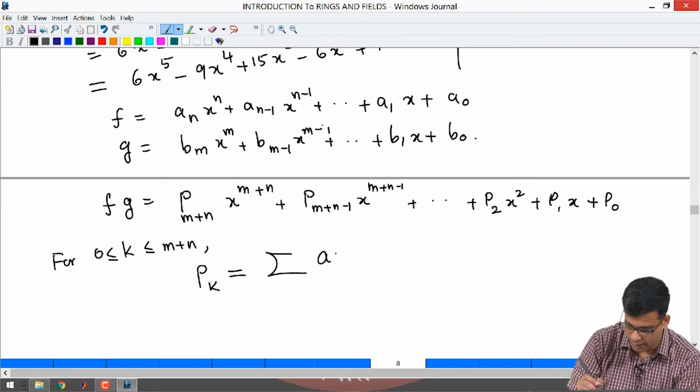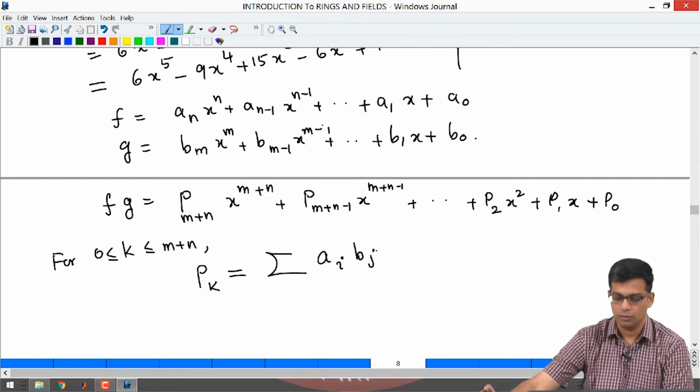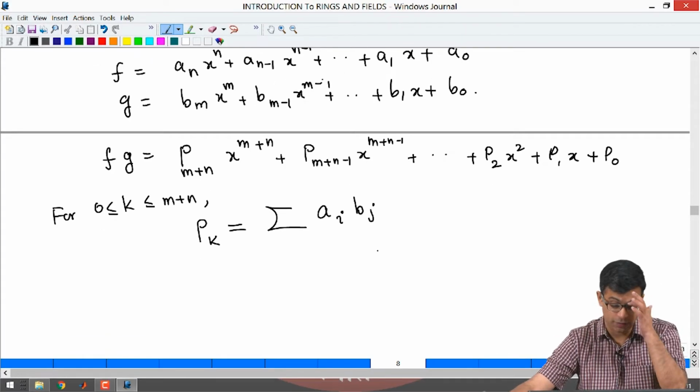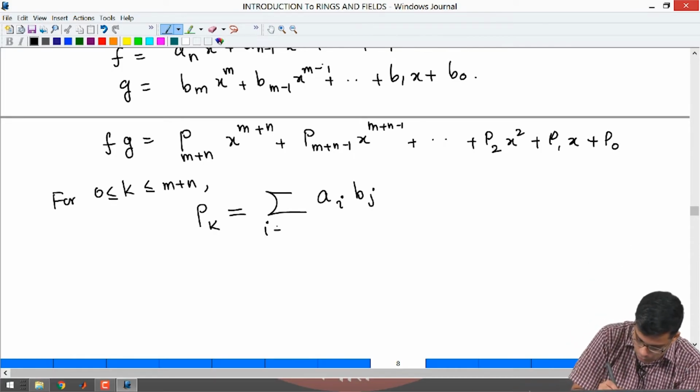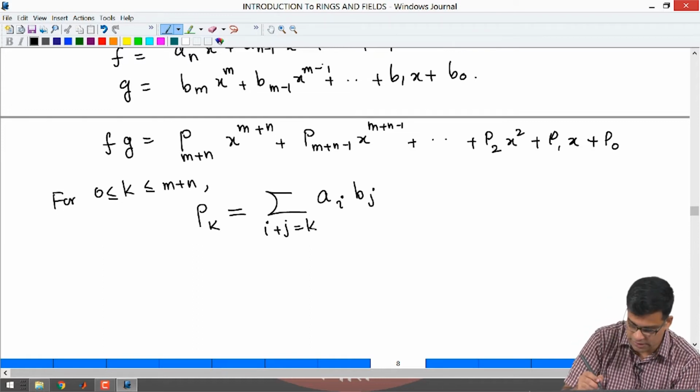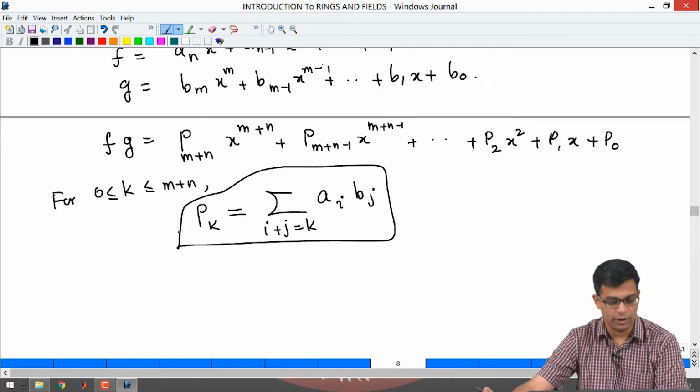So, we have to add a_i times b_j, we have to multiply the coefficients of the corresponding terms for every i, j which add up to k. So, this is the expression for the coefficient of fg.